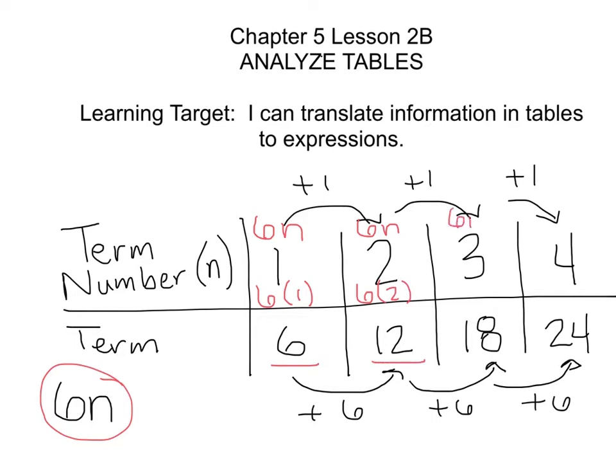My expression 6n means that 6 times the term number should give me the term. And that works nice and neatly for this particular example.